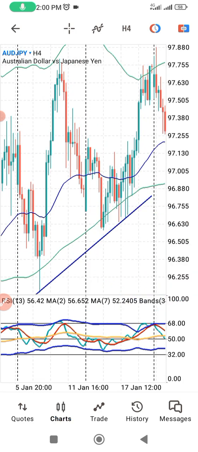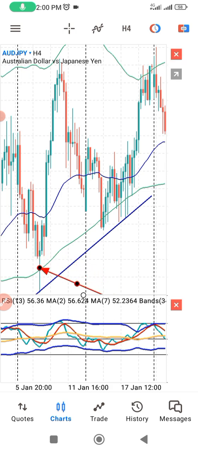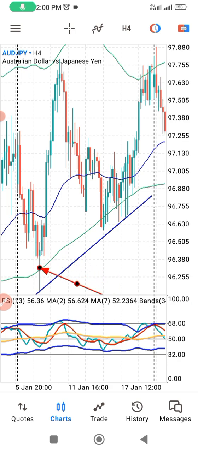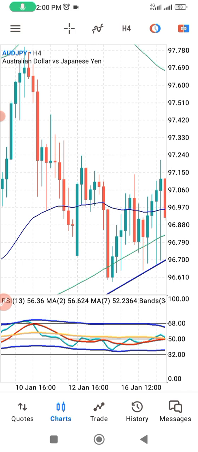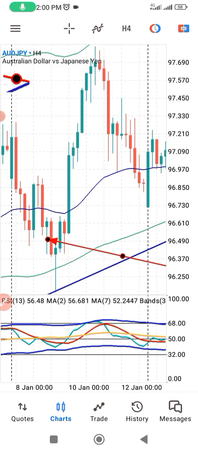Here are other entries. Price went, pulled back into the zone. You can see this pin bar rejection. Very beautiful pin bar. You can see it. It pulls back to our trend line, gave us this beautiful pin bar, and we move to the upside.